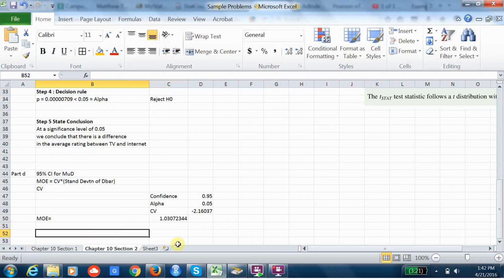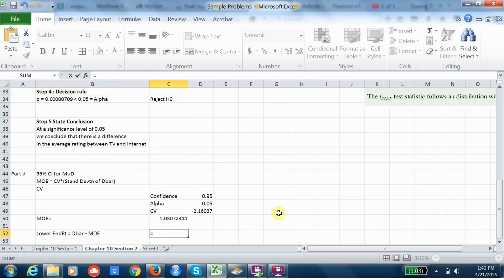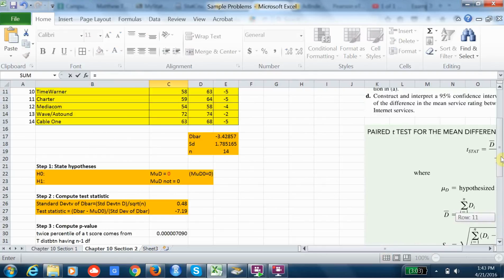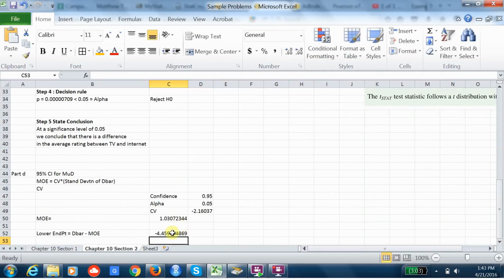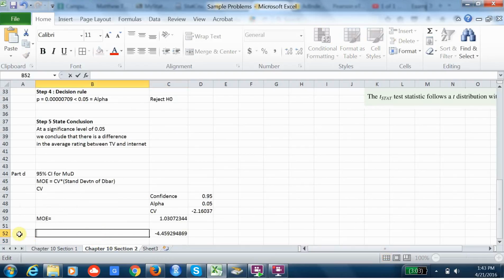So now I'm ready for the confidence interval. I'm going to get the lower endpoint first, which is going to be equal to d bar minus the margin of error. So this is equal to, and d bar is way up here, minus the margin of error. And of course the upper is just plus.